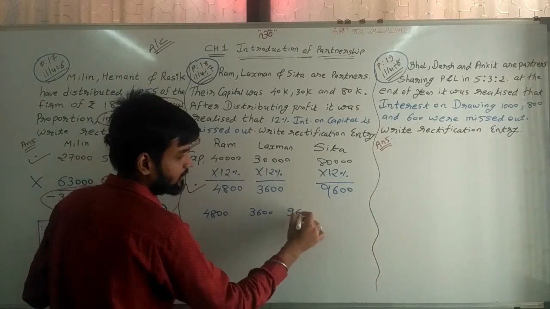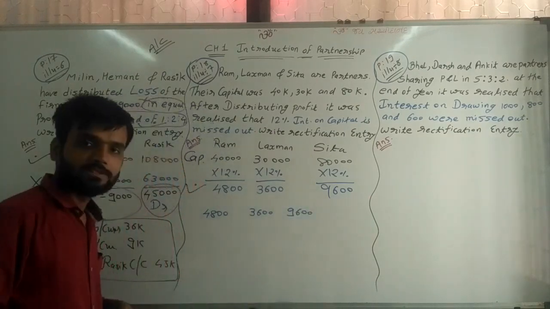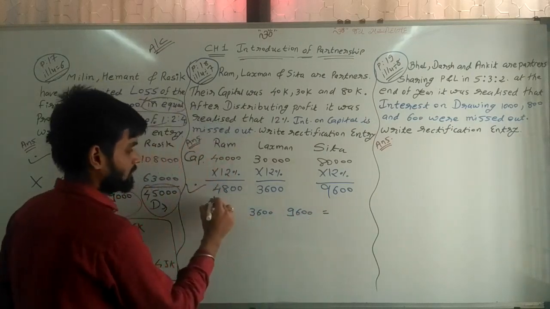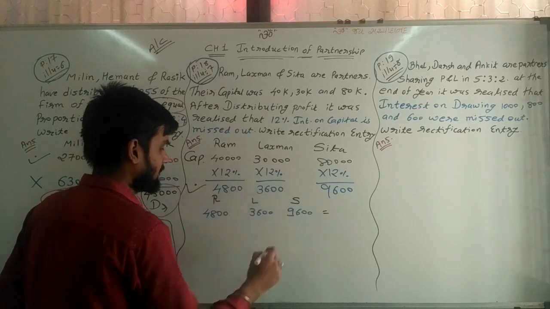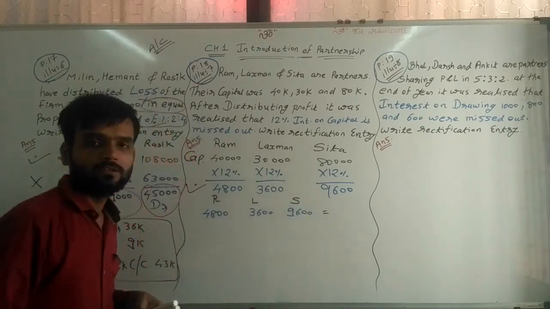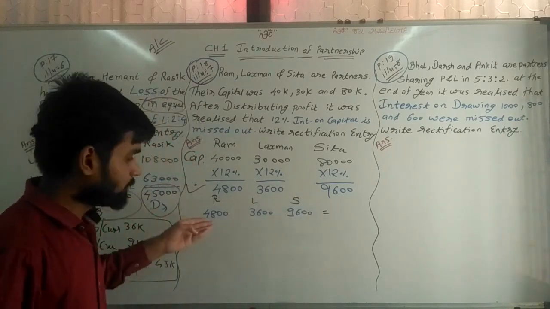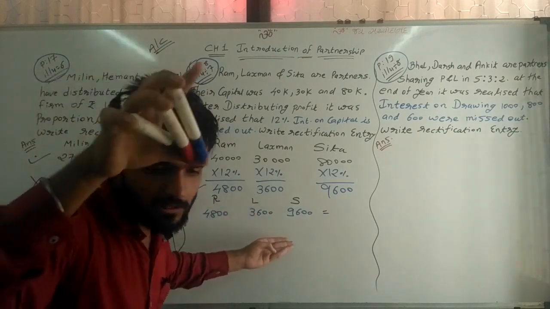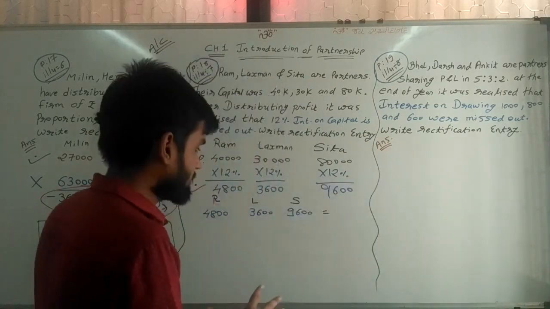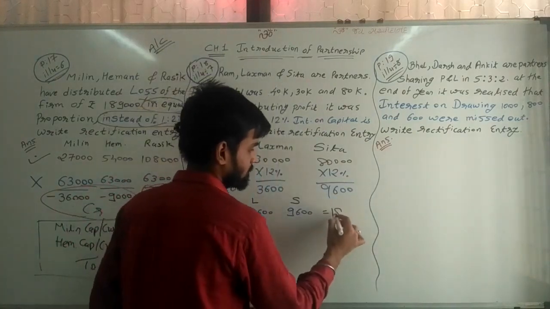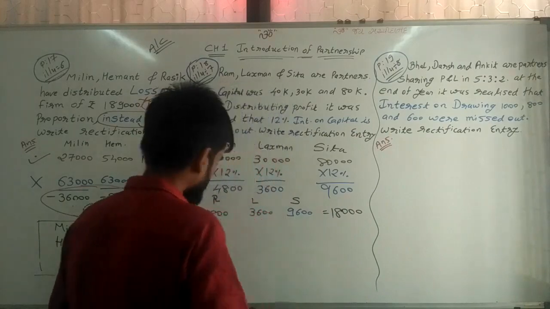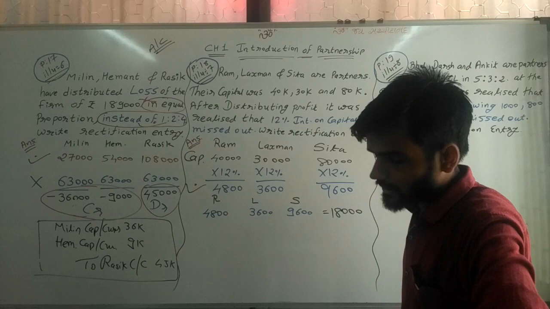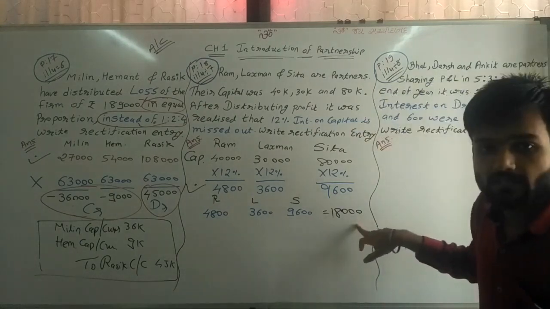Sita, 9,600. Now make the total of these three: 4,800 plus 3,600 plus 9,600. The answer is 18,000.